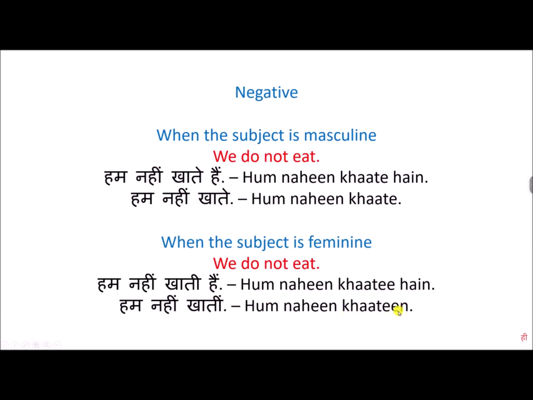The n must be pronounced with the help of the nose, and this says that this sentence is plural, meaning it represents multiple people. Okay, so this is the only change here. In other cases, we just remove the be verb and say it.